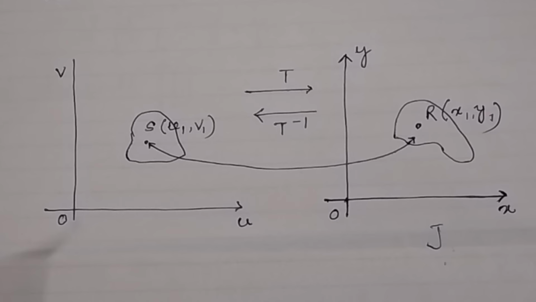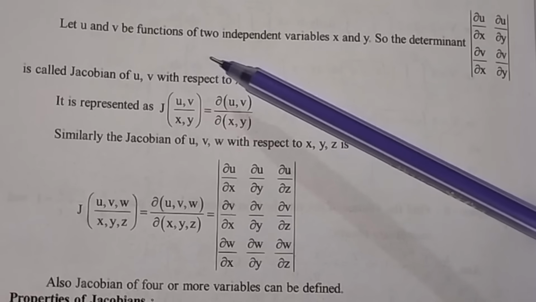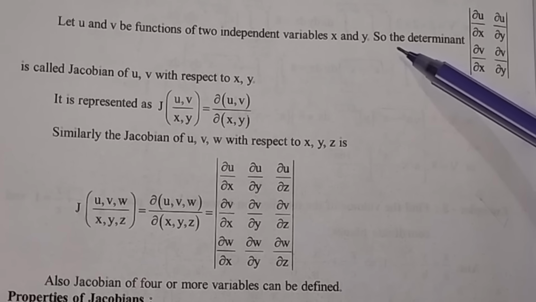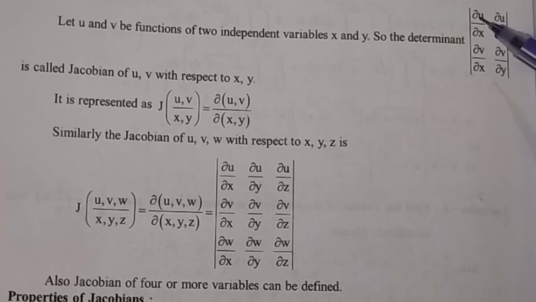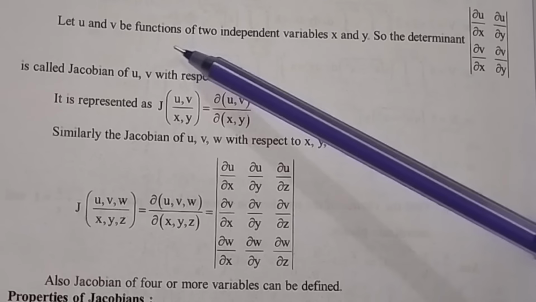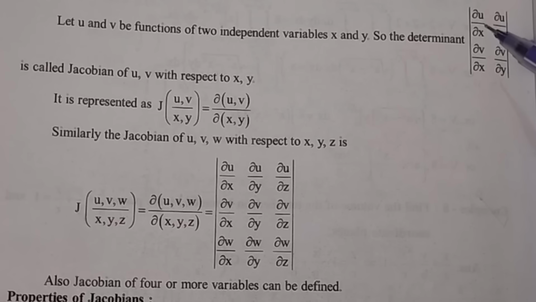For example, suppose you have two functions u and v and two independent variables, x and y. So the determinant of the change in u and v with respect to x and y can be written as the partial derivative of u with respect to x, partial derivative of u with respect to y, then partial derivative of v with respect to x and partial derivative of v with respect to y.